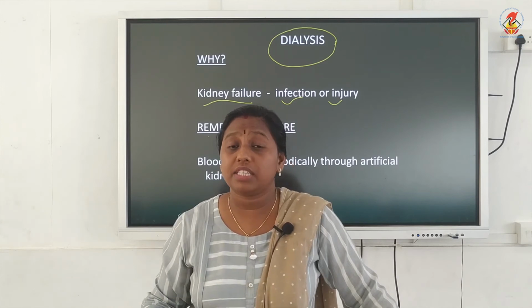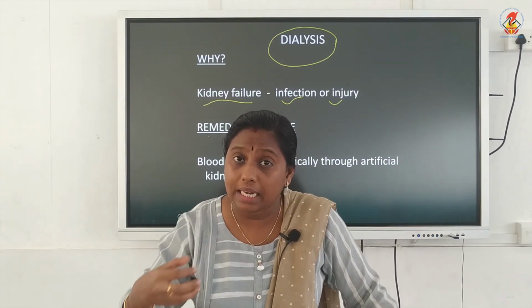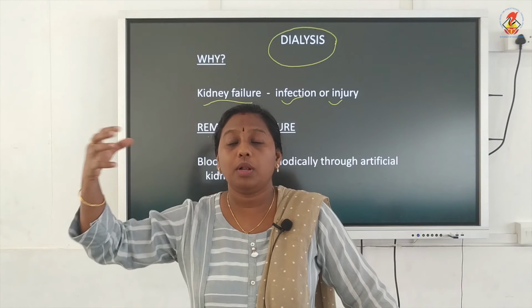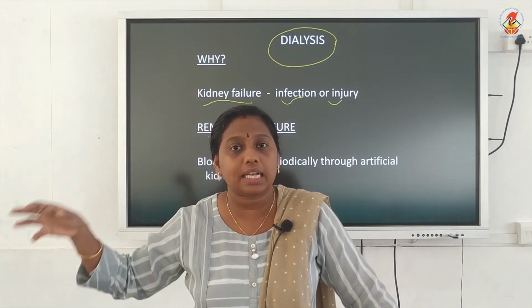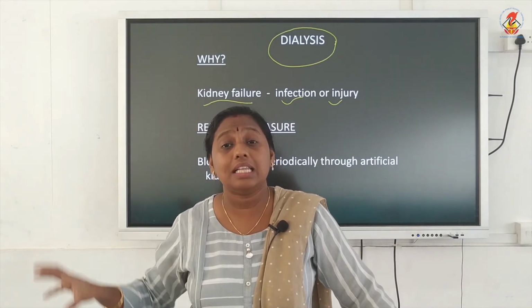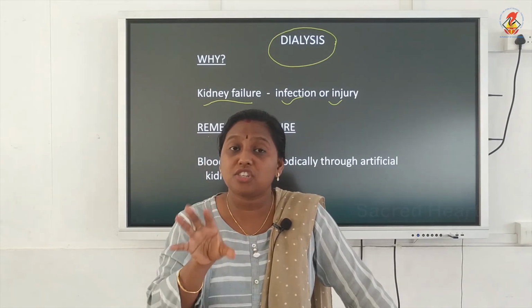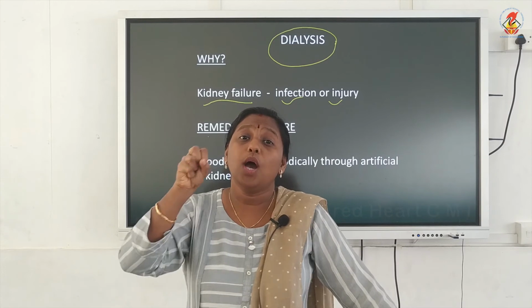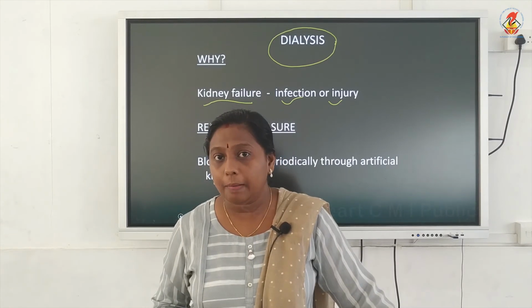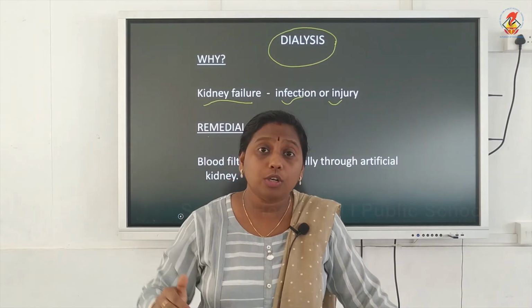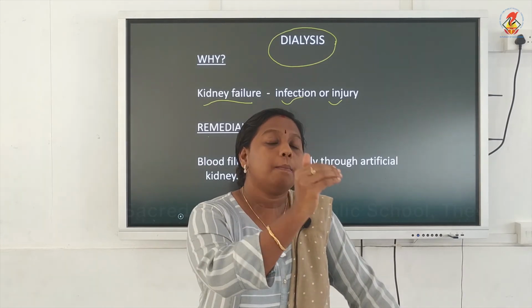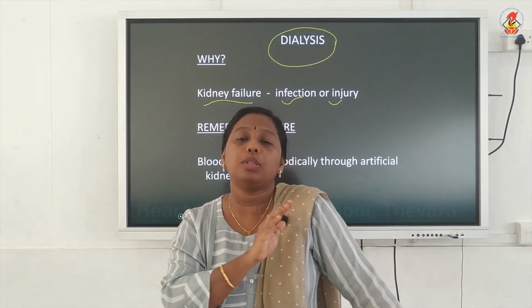From the blood vessel of this patient, blood will be taken out. The impure blood will move into the artificial kidney, the dialysis machine. The machine will purify the blood, removing all the waste materials from it, and the blood coming out of the machine is again put back into the body of the person.